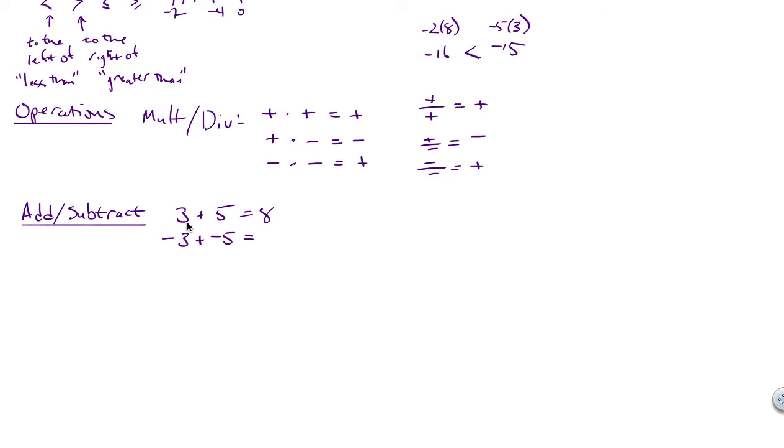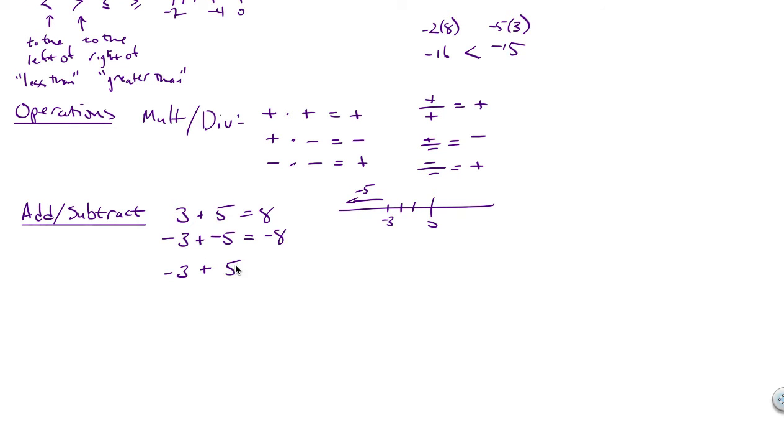So just like 3 and 5 add to each other to get 8, -3 and -5 add to each other to get -8. You're starting at -3 and continuing 5 to the left. Negative means we're going to the left, right? If they're the same sign, then you just add their two absolute values, their sizes, and keep the same sign. The problem arises when they're different signs.